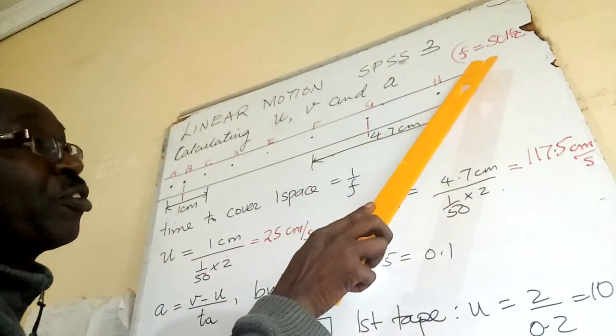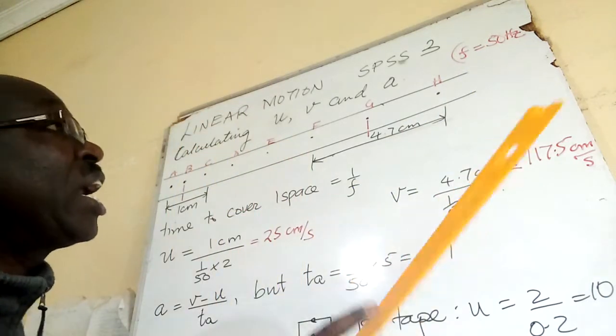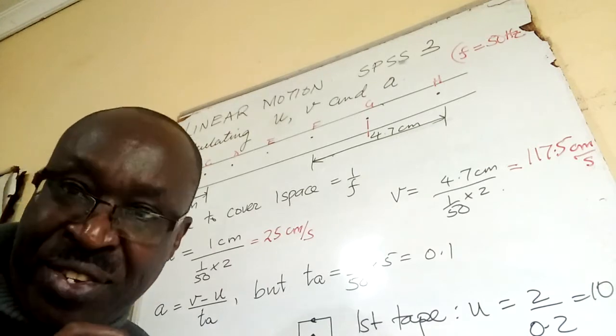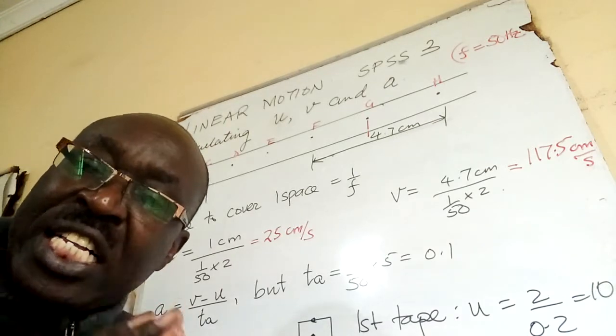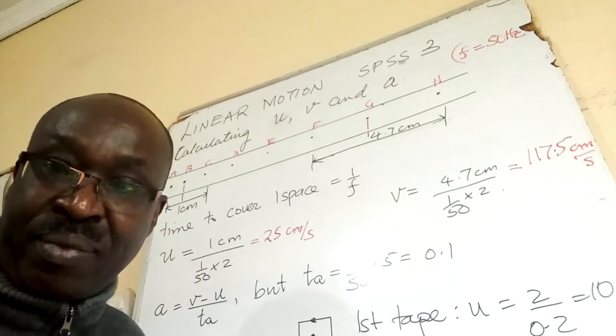We are working from understanding that the frequency of this timer is 50 Hz. 50 spaces were made in 1 second.